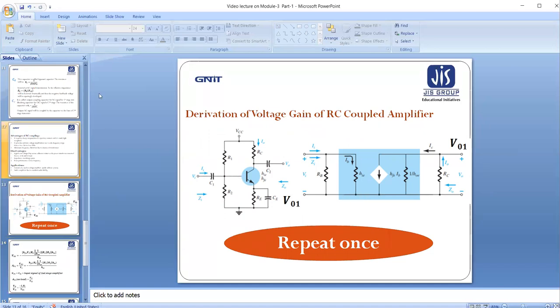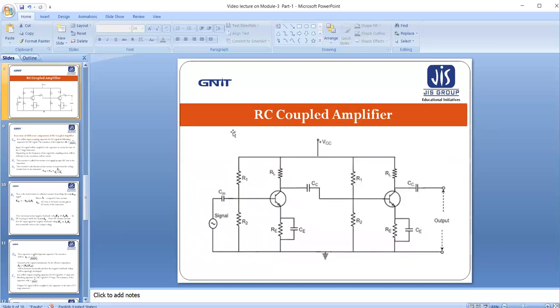Now, when we are considering the total RC coupled amplifier, we have seen that the output is coupled to the base, where the base is connected to R1, R2, and the base resistance is the hie.